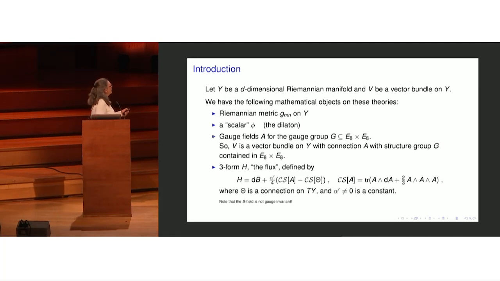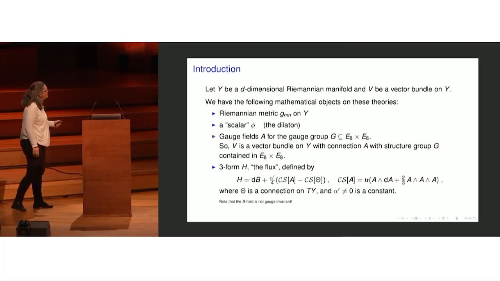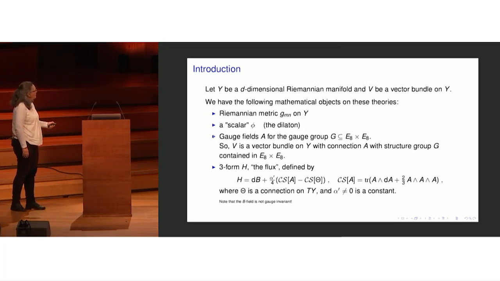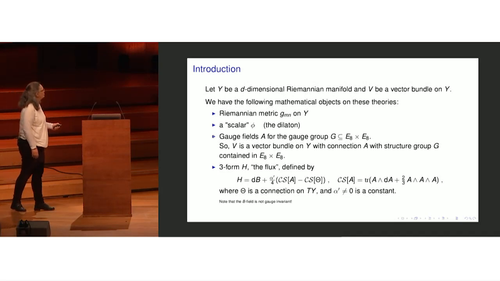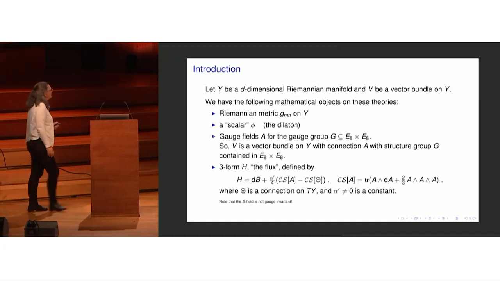And we also have a three-form H, normally called the flux, which for the purposes today is defined by this equation here. So H involves the Chern-Simons form for A, and similarly for theta, where theta is a connection on the tangent bundle, and B is the so-called B field.